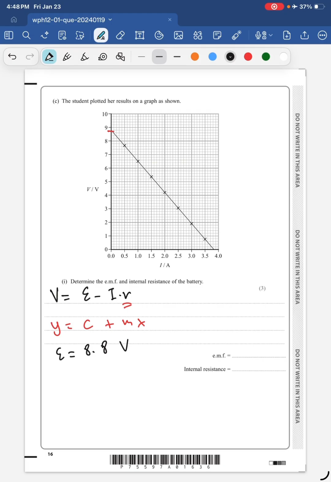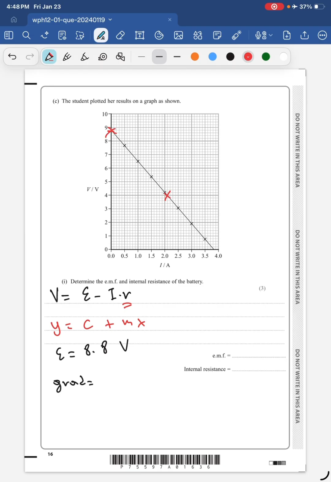And to find the internal resistance, we need to find the gradient of this graph. So the gradient is equal to, we can take these 2 points, this one and this one.